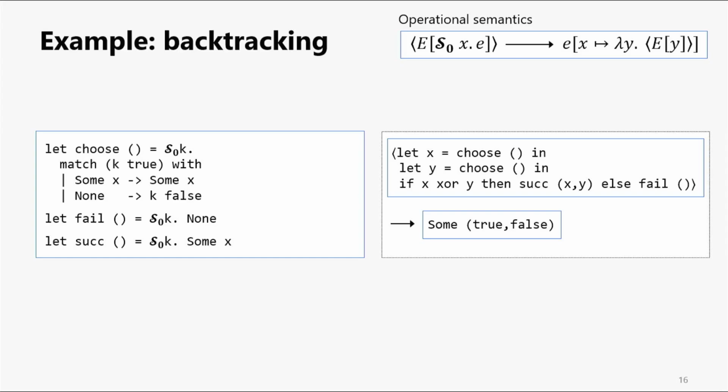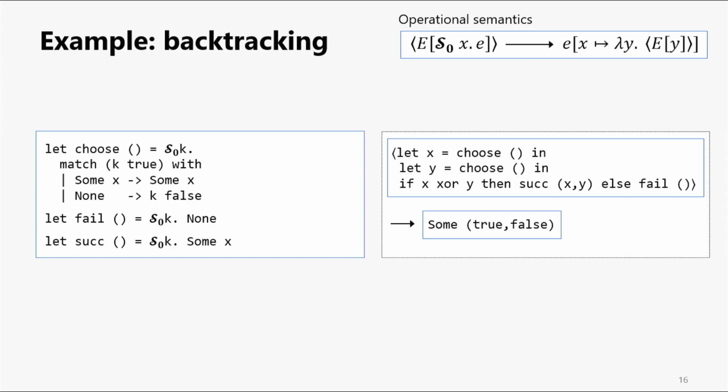So first the choose function tries to return the true value. But if the true value is not good for some computation, then it returns none, and then it tries the second candidate Boolean value false. If the computation is successful, then the continuation returns some value. So choose just returns some value to the closest delimiter.